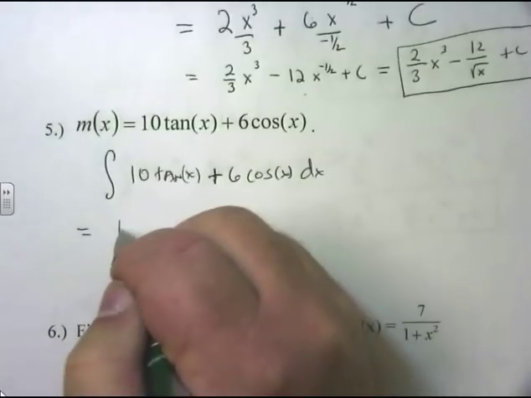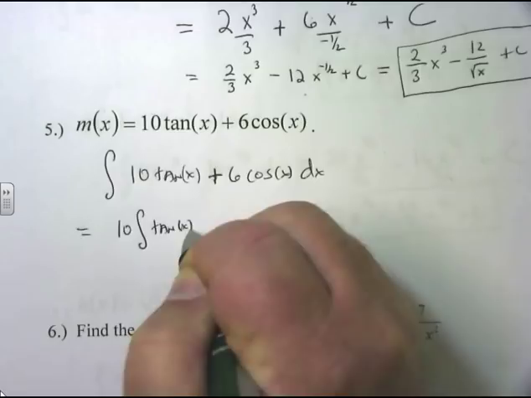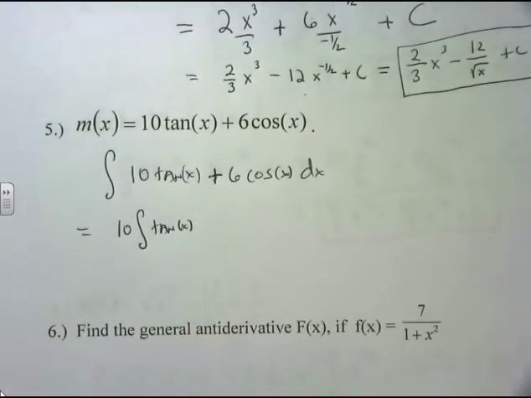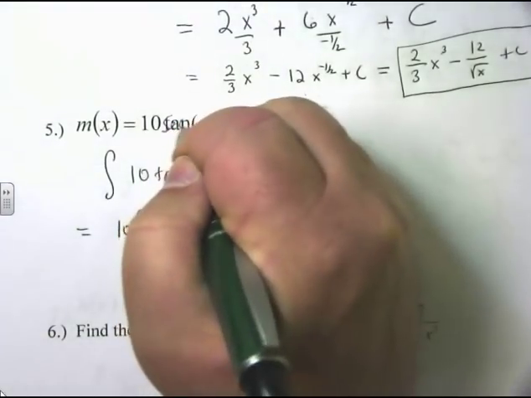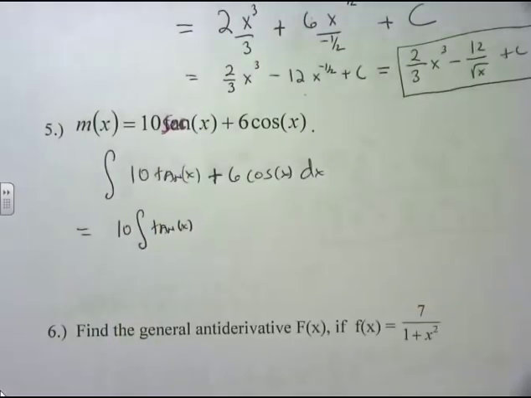So another way I could have written this would be 10 times the integral of the tangent of x. Nope, let me do that. I made a typo on this one. Let me make it one of the forms we have memorized. This was supposed to be a secant there. That was my typo when I typed out my notes.